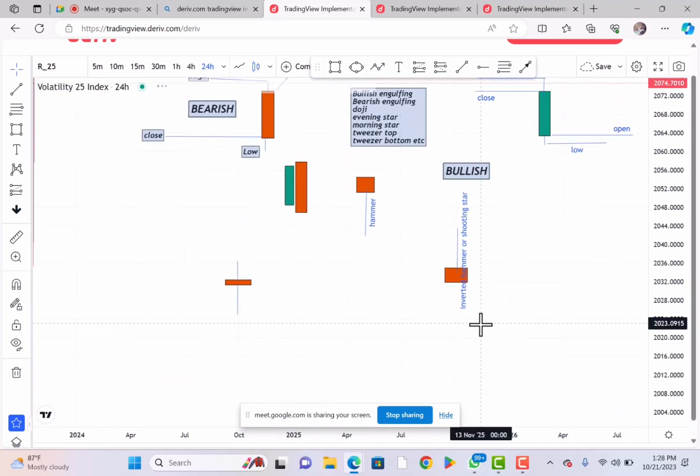So what this hammer is telling you is that when you see a hammer in a particular market trend, it's showing you the presence of buyers, or the power of the bulls, because the market actually came down to this particular low here.